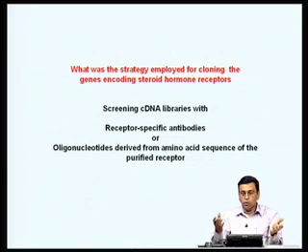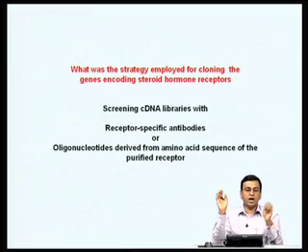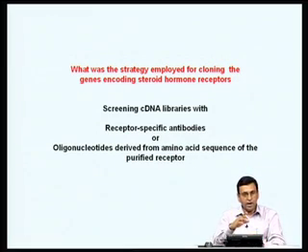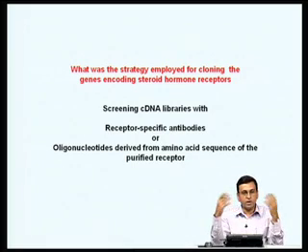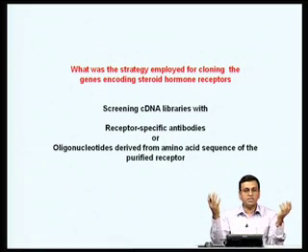What was the strategy that was employed for cloning all these genes encoding steroid hormone receptors? The strategy is to make a cDNA library, that is, you isolate messenger RNA from tissues which are expressing the specific receptors, convert this messenger RNA into cDNA, and then clone these cDNAs into a phage vector to make a phage cDNA library.